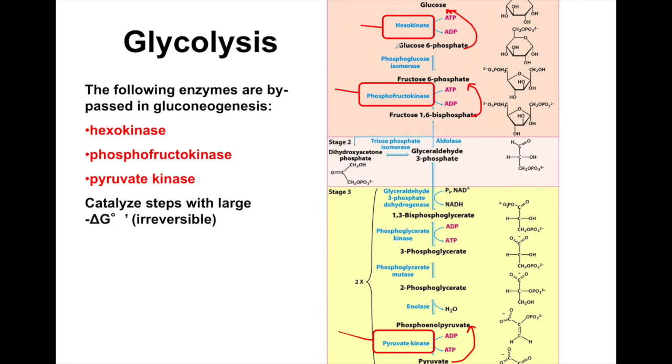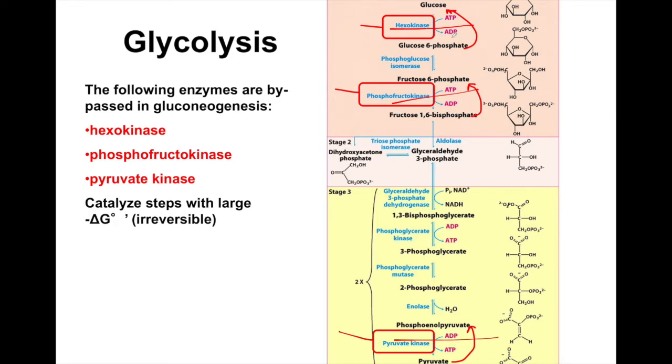Now, the reason I'm mentioning this is because it's these points in both glycolysis and gluconeogenesis, right here, and right here, that are the 3 major regulatory points for glycolysis and gluconeogenesis. So we want to discuss how the enzymes that catalyze these reactions in both glycolysis and gluconeogenesis are regulated.